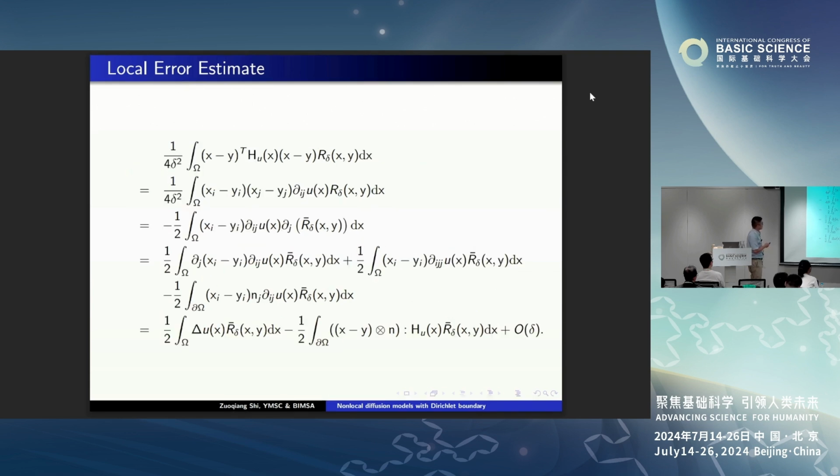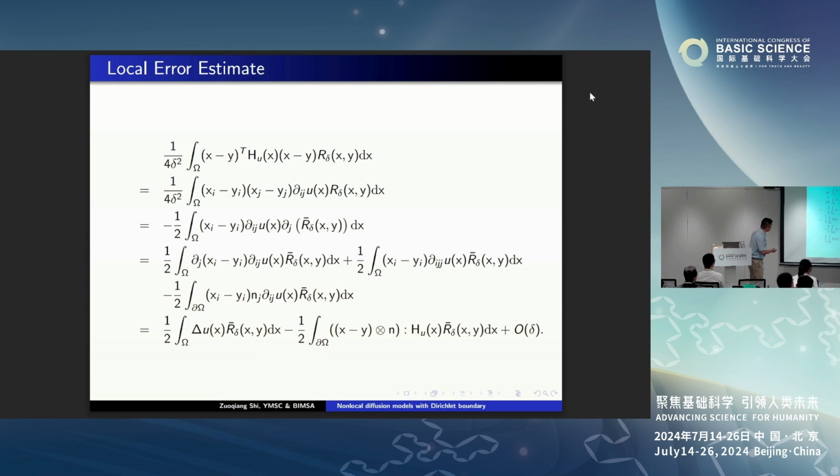So let's look at this second order derivative term. First we rewrite this term. We can absorb the one difference, x minus y, with this kernel function and get this term. It can be written as a derivative of this kernel function, right? And then we do integration by parts to move this differential operator onto other terms, and we get these three terms. The first one is where we put this differential operator on this term.